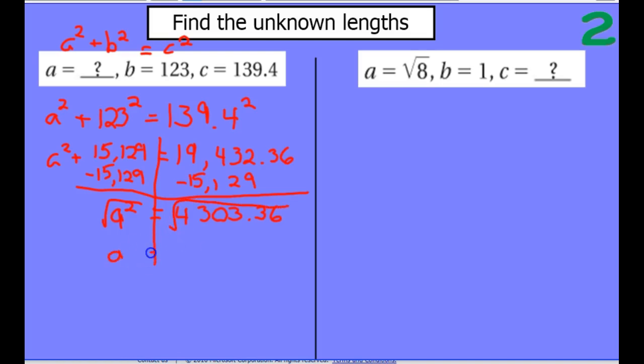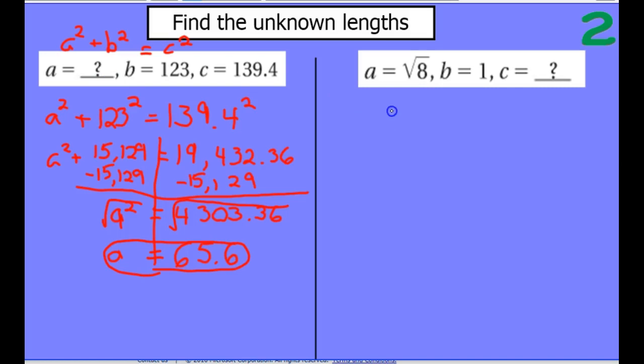So our a is going to come out to be the square root of 4,303.36, which in the end gives us 65.6. So a equals 65.6. That's what our a would be here in this question mark.